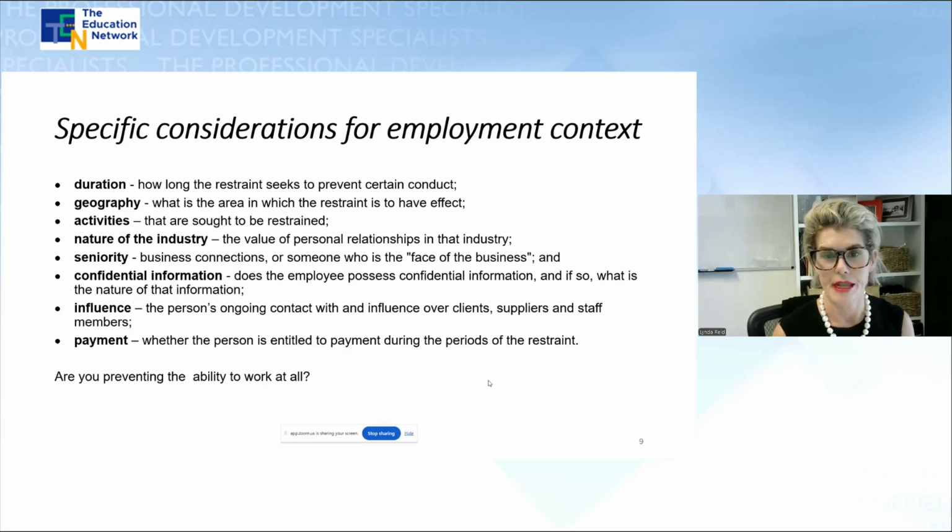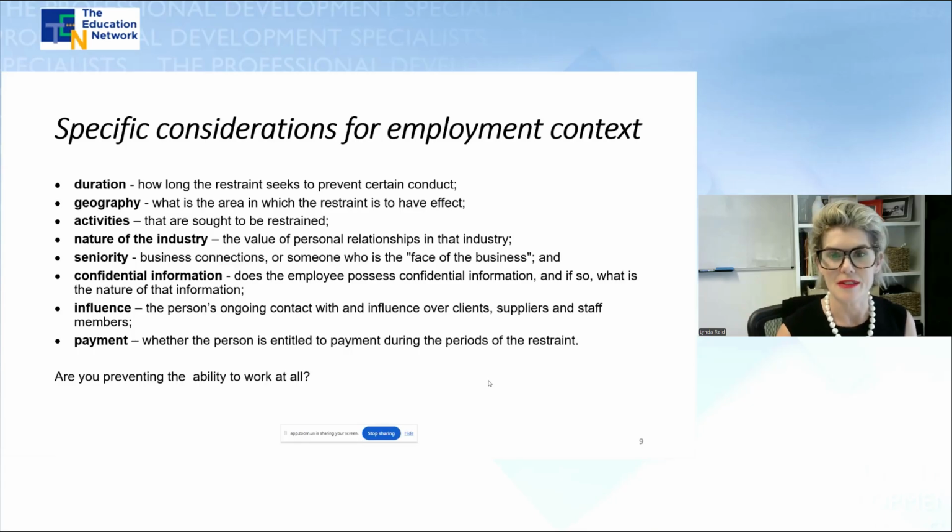Am I trying to ban somebody from doing something worldwide versus doing something in a particular postcode or a particular city or a particular state? What are the reasons for that? Am I a business that's only operating in the ACT, but I'm seeking to restrain any kind of competition across the country or in the Southern Hemisphere, for example?